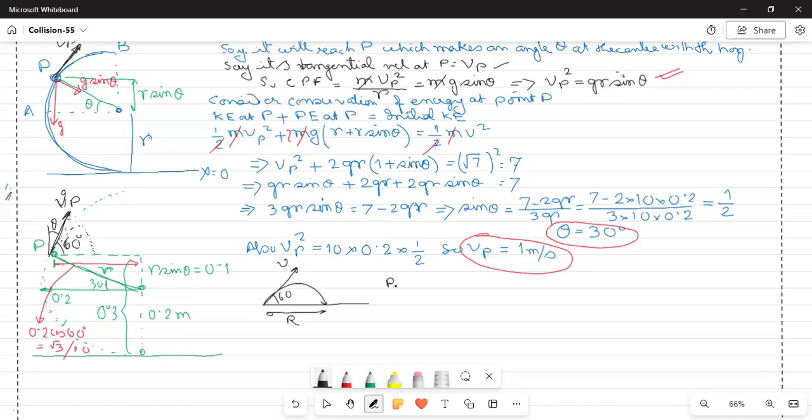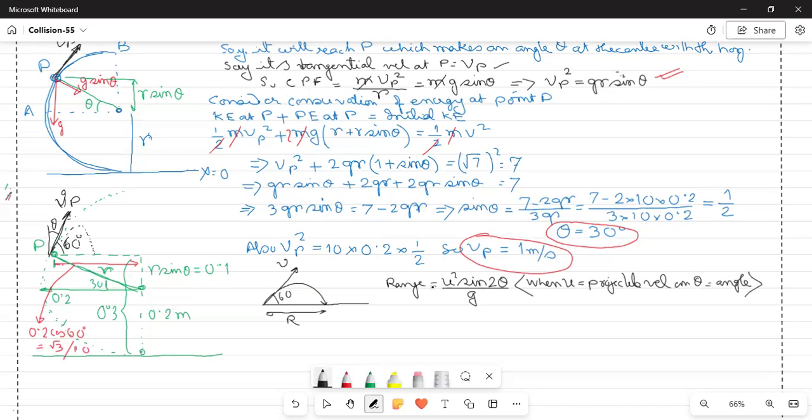The formula you need to remember is range equals u square sine 2 theta by g, where u is equal to projectile velocity and theta is equal to projectile angle.